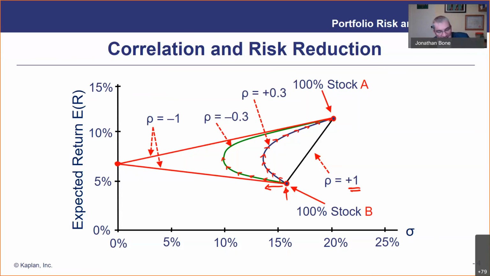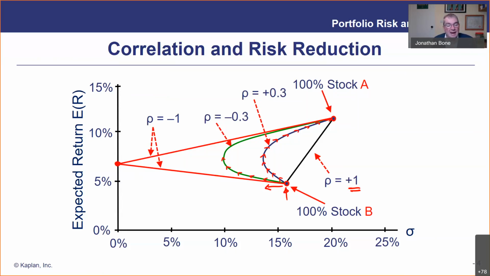Okay, so again, key things to take into the exam. Number one, as long as assets are not perfectly positively correlated, some risk reduction is possible. If two assets were perfectly negatively correlated, then it would be completely possible to eliminate risk. But in reality, you're not likely to find assets that are either perfectly positively or perfectly negatively correlated.